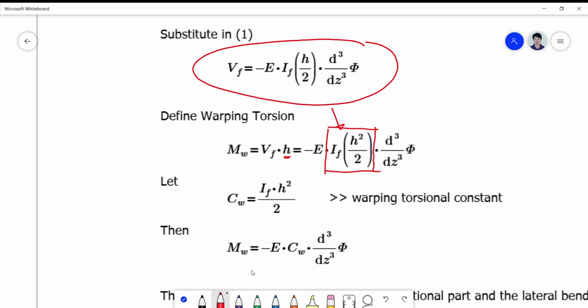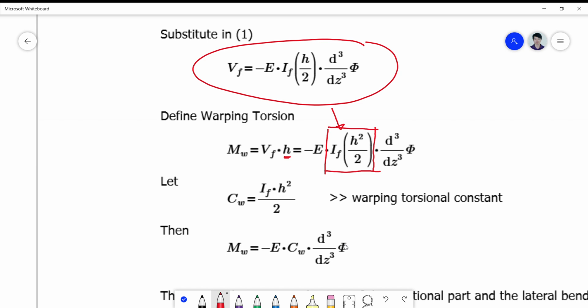And finally, the simplification of such will yield your warping moment equivalent to the negative ECW times the third derivative of your phi with respect to z. Okay, so phi here is again the angle of twist.